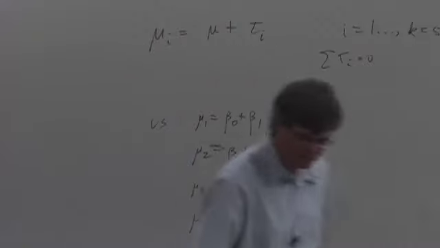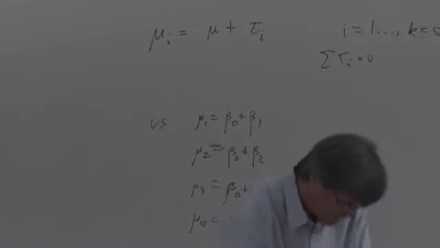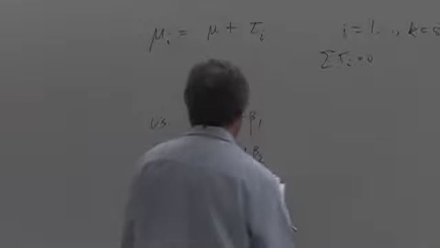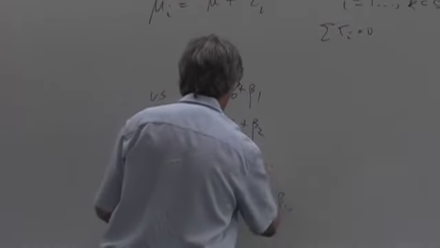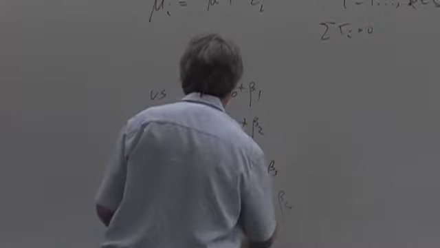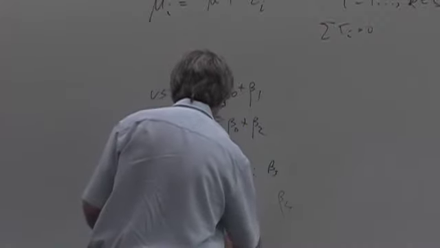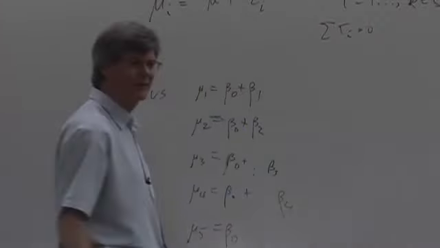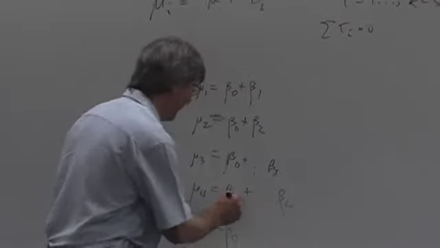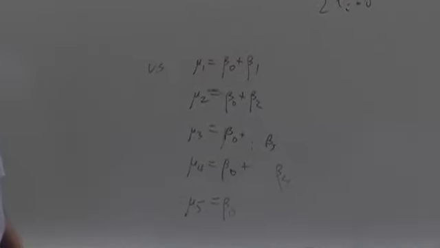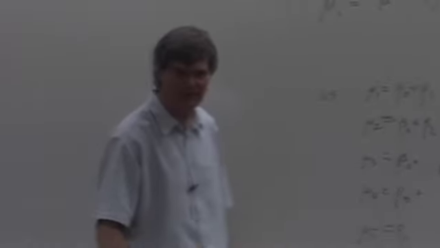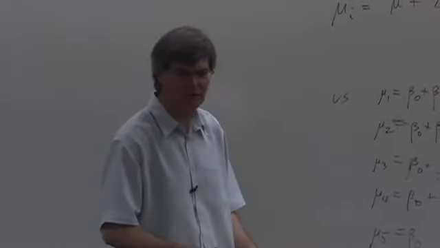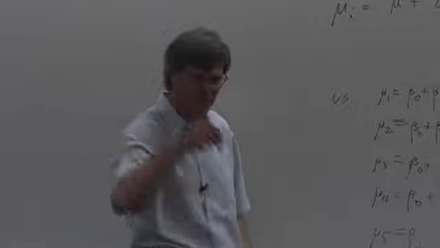Mu4 is beta 0 plus beta 4, the way I did it here. And then mu5 is just your beta 0 again. You got your beta 0 free, right? And he puts that as mu5, instead of starting with mu5 and counting up the other way. So if you do it this way, then your indicator variables have to start with 1s in the first place.